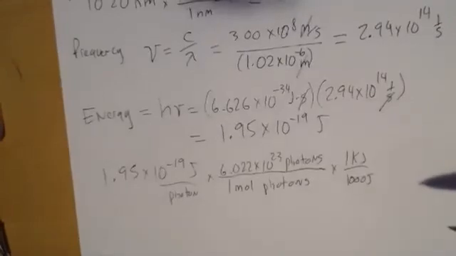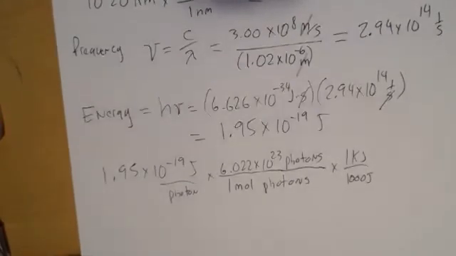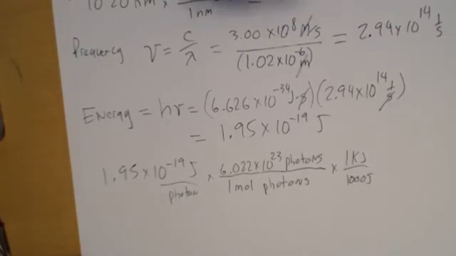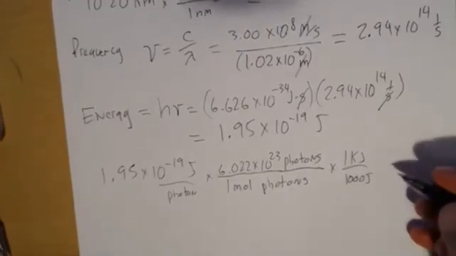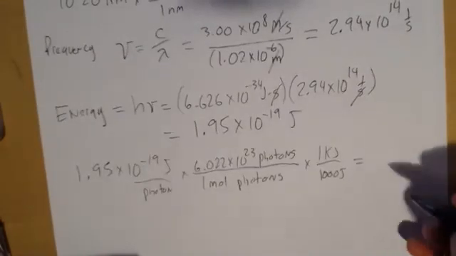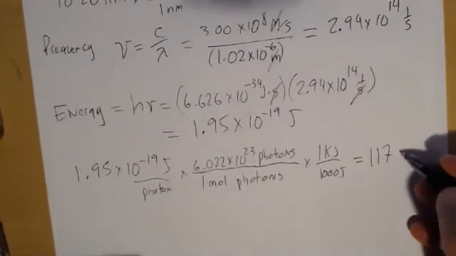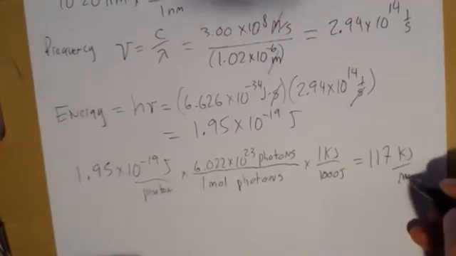So I'm going to take the number I had before, the unrounded value, times Avogadro's number, 6.022 times 10 to the 23, and then divide by 1,000. And I get, to 3 sig figs, 117 kilojoules per mole of photons.